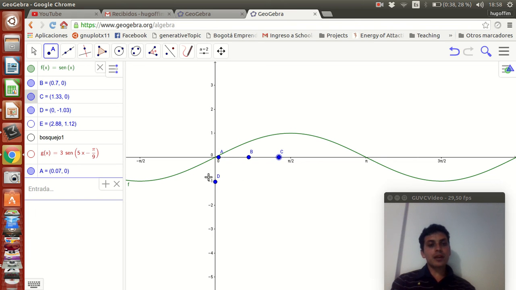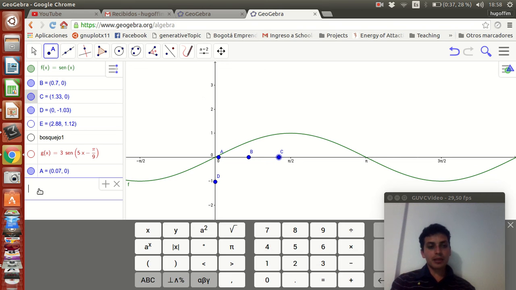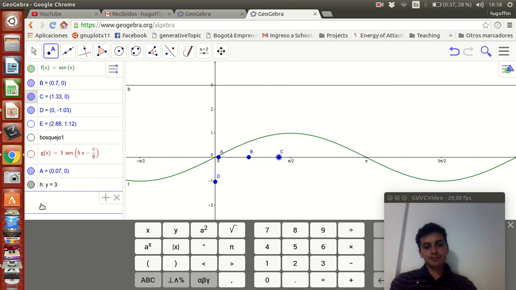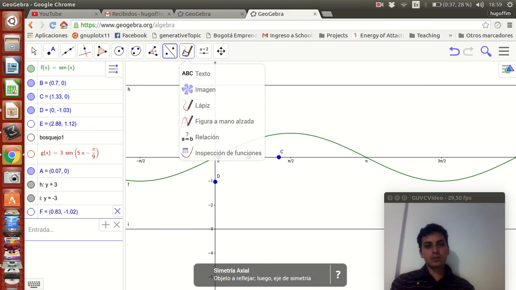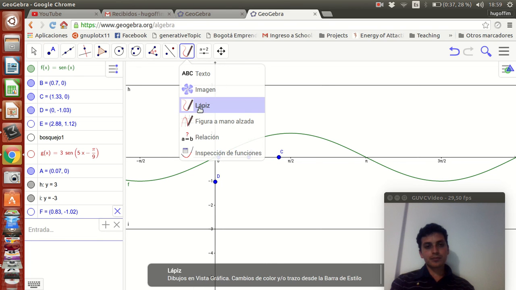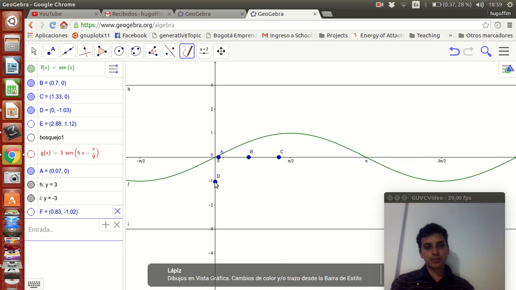Now you just have to do the graph, and we know that the range is 3 and negative 3. So let me draw a line for y equals 3, and a line for y equals negative 3. In between the x-intercepts, you should have the highest and the least value.